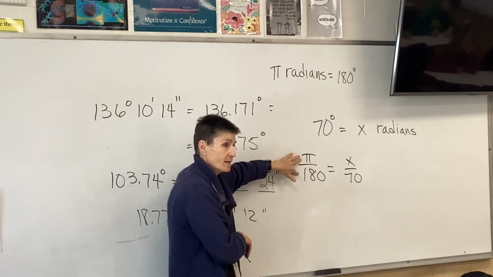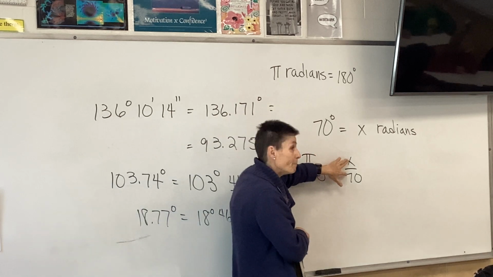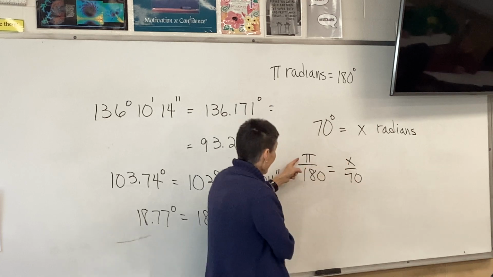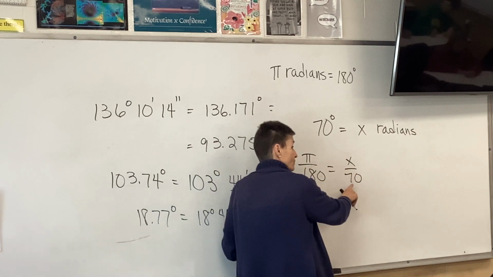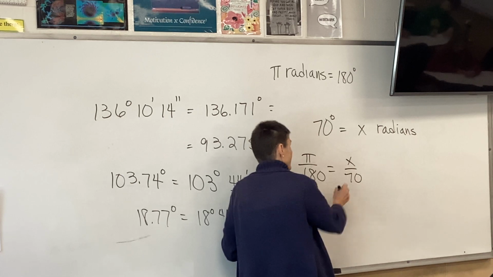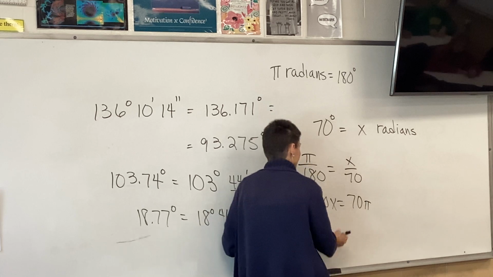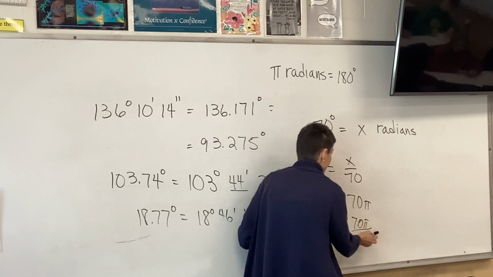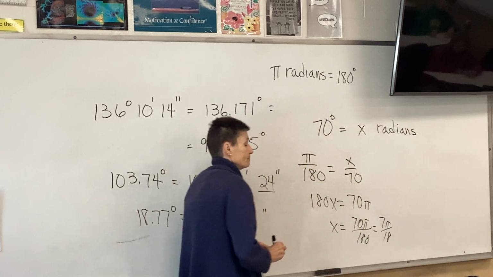Pi radians is 180 degrees. So I want to know what makes this equal. So pi over 180 equals x over 70. So 180x equals 70 pi. And x equals 70 pi over 180, which reduces to 7 pi over 18.